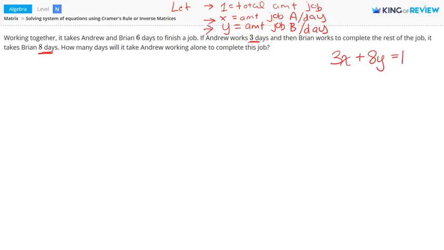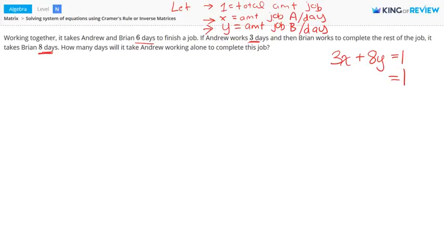Now let's make another equation. We're told that it takes them together 6 days to finish the job. So again, to complete the job here, we're writing a 1 for the total amount of the job being completed.